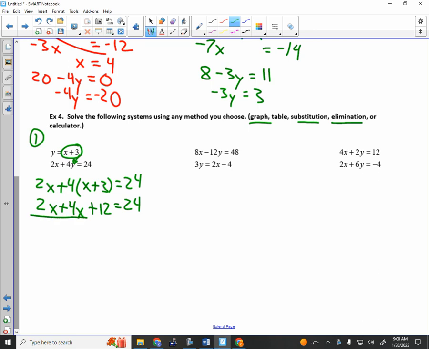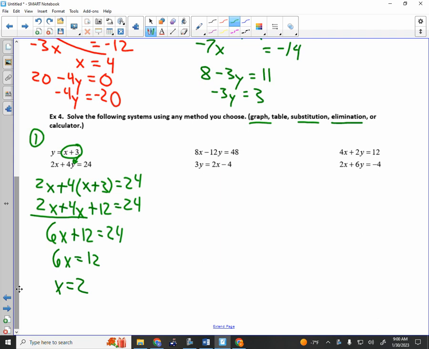Notice I can add the 2x and the 4x to get 6x plus 12 is 24. Subtract the 12, 6x is 12. So x is 2. And we would know what to do after that, right? Yeah. How about the next one?